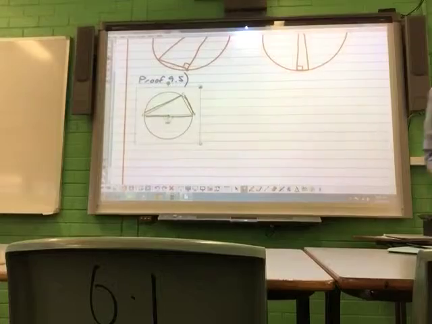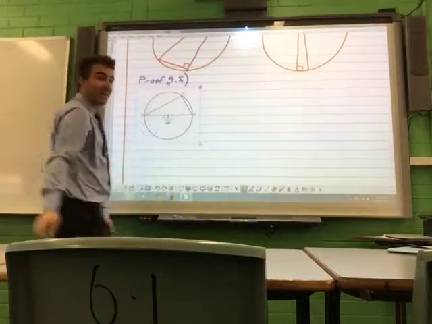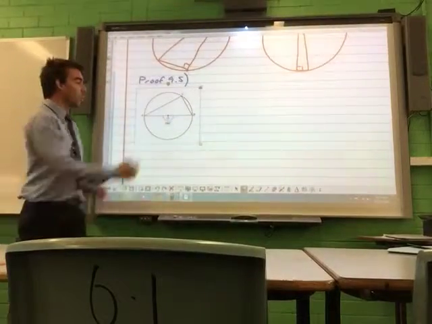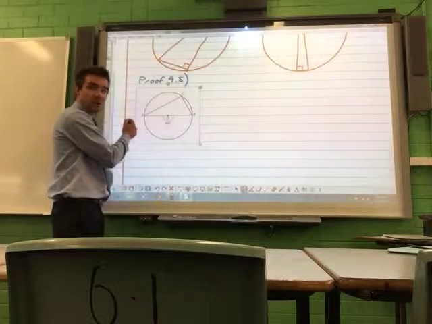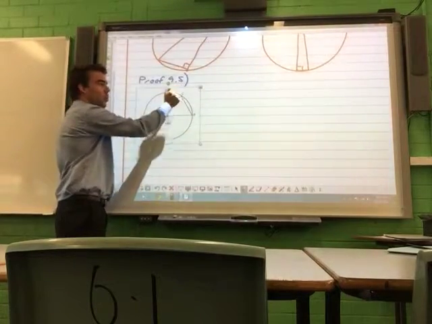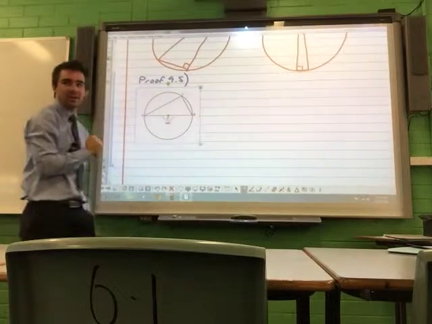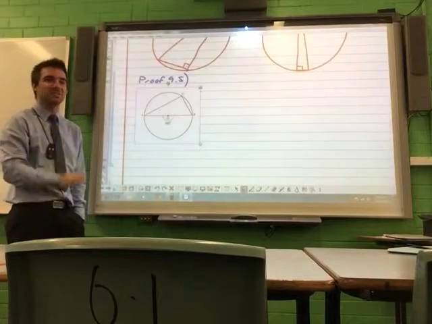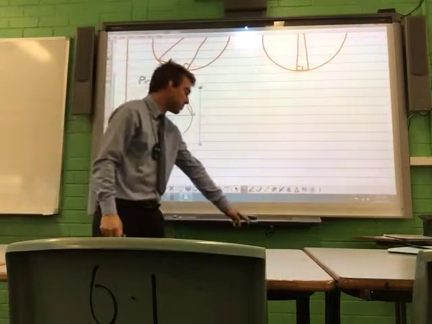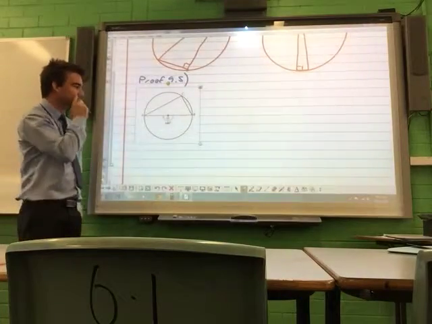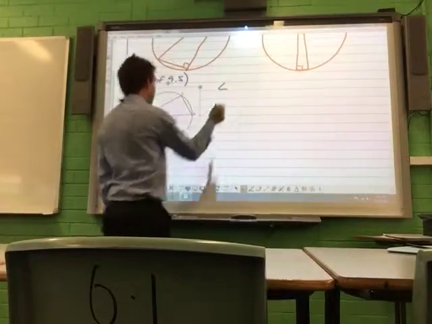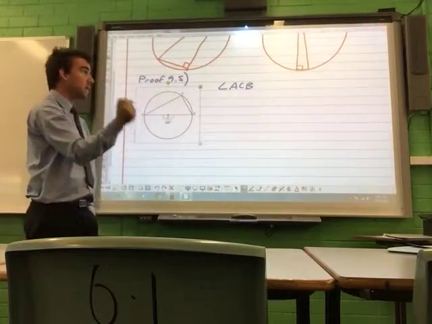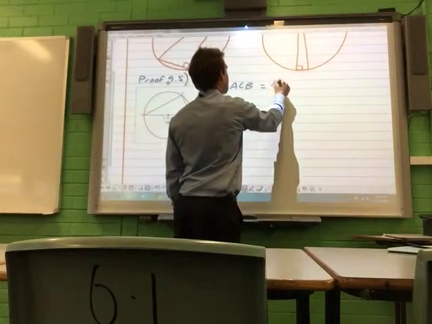Oh, wow. I'm shocked. So, that's what I've been saying. When we have two radii drawn, at the end we pick a common point on the circumference and join the ends of the radii up to that common point. The angle at the centre is always twice the angle at the circumference. So, nice and simple, angle ACB, or angle BCA, must equal 90 degrees.